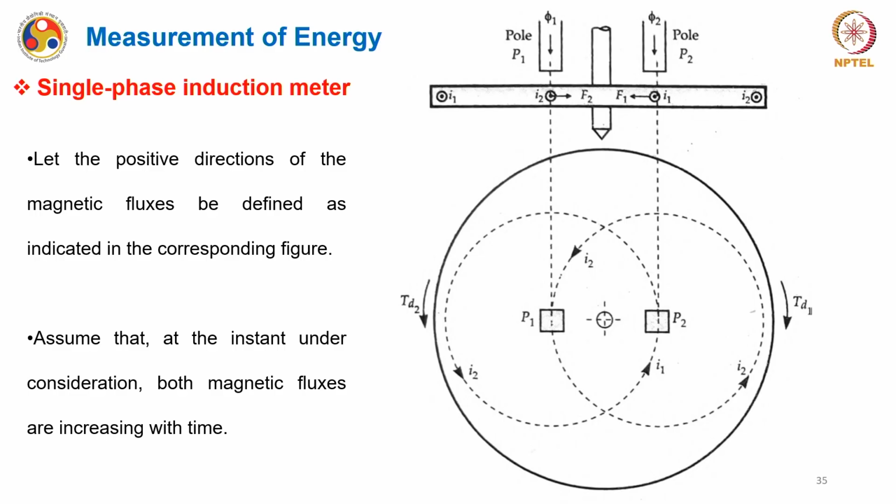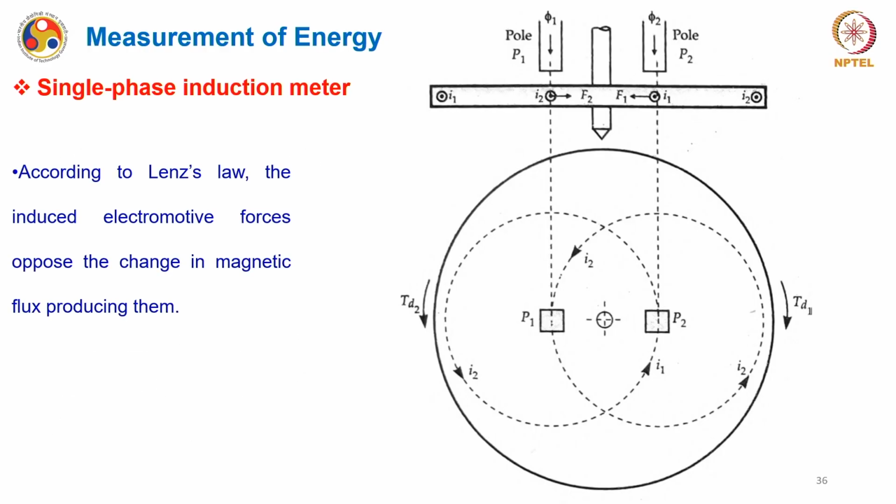Now, consider that the positive direction of the magnetic fluxes be defined as indicated in this figure. Assume that at the instant under consideration, both magnetic fluxes are increasing with time. According to Lenz's law, the induced electromotive force, EMF, will oppose the change in the magnetic flux which is producing them.